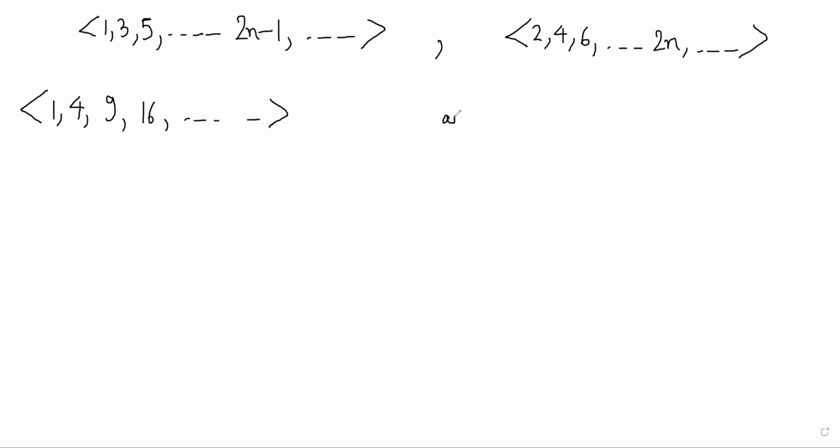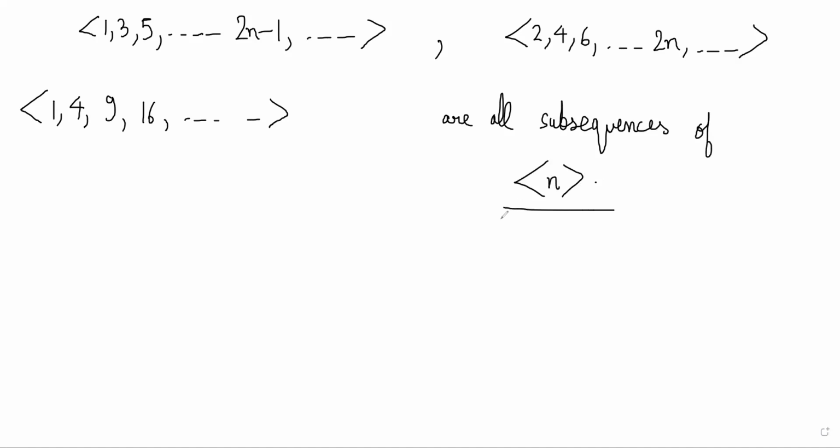These are all subsequences of n. The sequence n has all natural numbers. Here we are selecting some subset of them, here also some subset of them, here also some subset of them, as long as they are strictly increasing. Right?